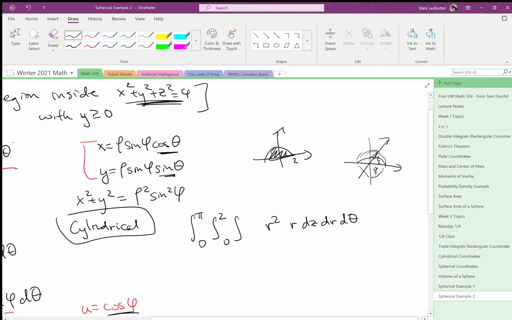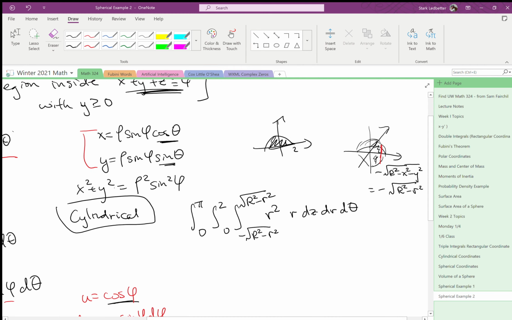So z is going to go, but each vertical line goes from the bottom half to the top half. So negative root of big R squared minus x squared minus y squared to positive root of that, or negative, this is the root of big R squared minus little r squared, right? If we're in polar. Negative root of big R squared minus little r squared to positive root of big R squared minus little r squared.